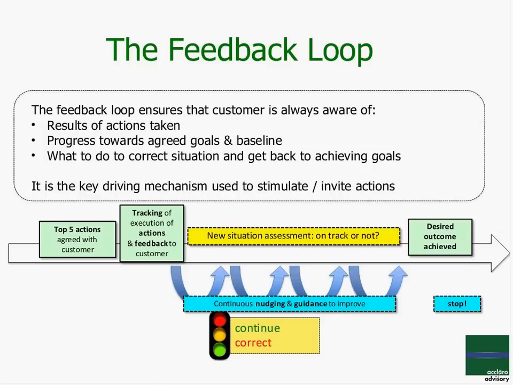And a little more on that feedback loop which we do have. This is the process of the nudging and the guidance and how that takes place. It's so that the customer is aware of the results of the actions which are being taken and how they are progressing towards the goals and the baselines that have been set. Again, this is dependent on the customer, whether that's from an organisational, departmental, or even an individual perspective.